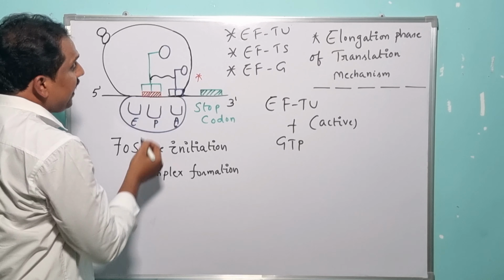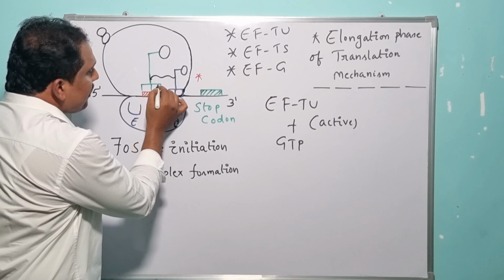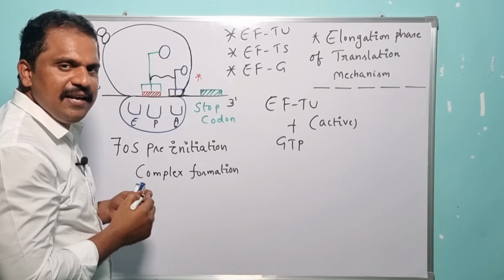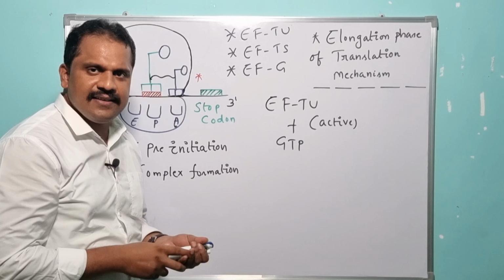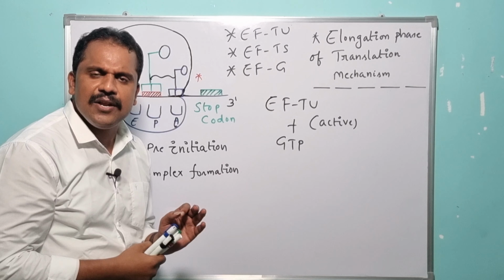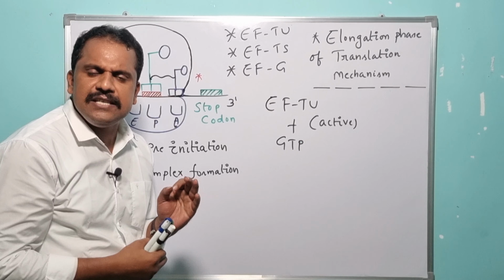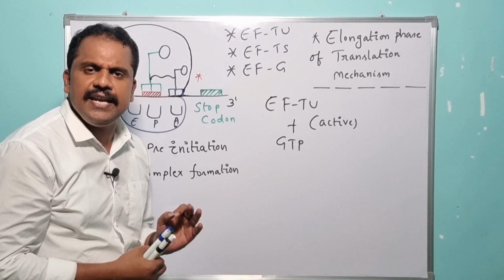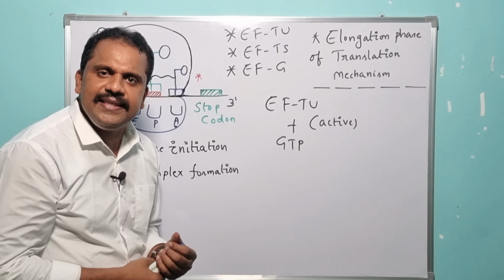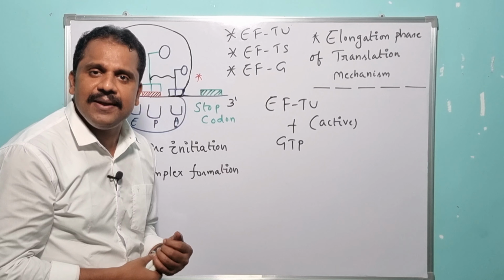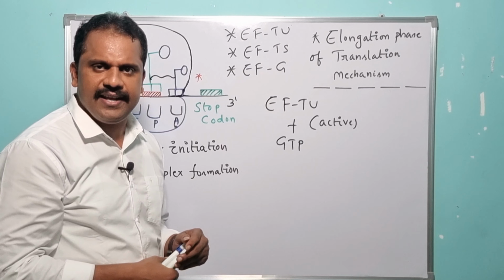And here, in order to organize the peptide bond formation between these two amino acids, a specific enzyme known as peptidyl transferase comes into the picture. The peptidyl transferase activity is a part of the 23S rRNA, which is embedded in the large subunit of the prokaryotic ribosome.